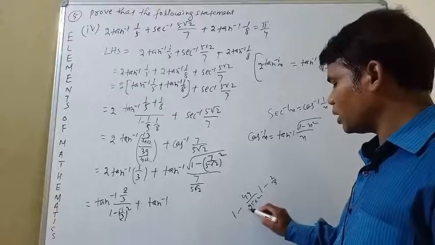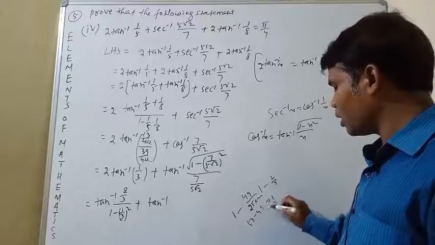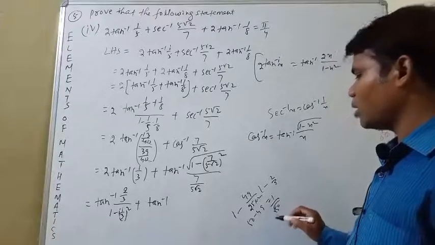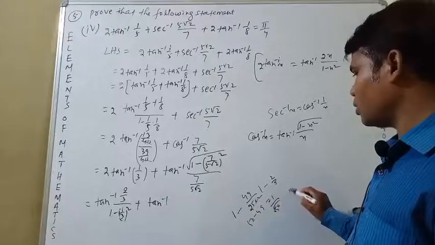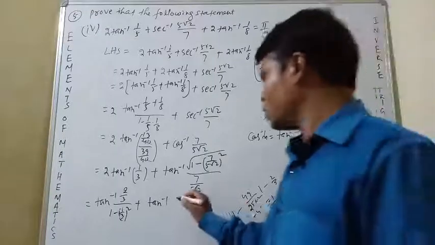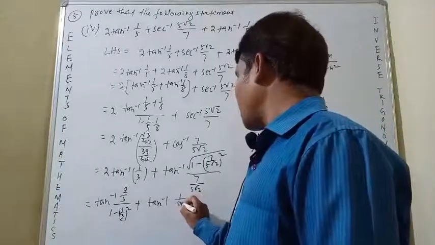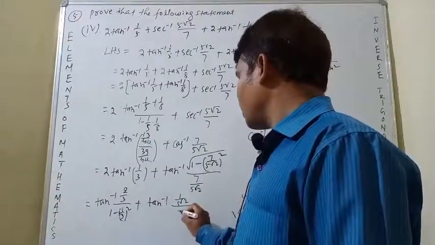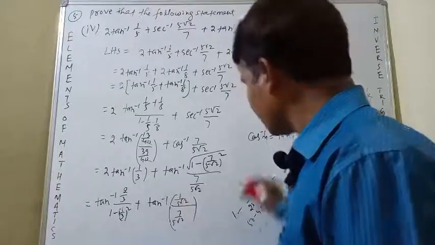Okay, that is 25 into 50. 50 minus 49, that is 1. 1 by root 50, and root 50 is equal to 5 root 2. This is 1 by 5 root 2 by 7 by 5 root 2. Okay.